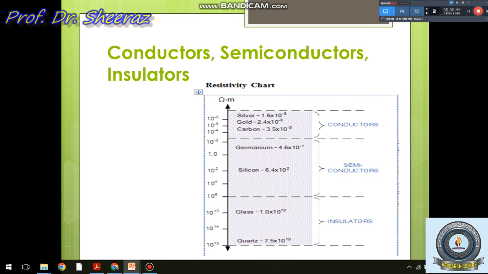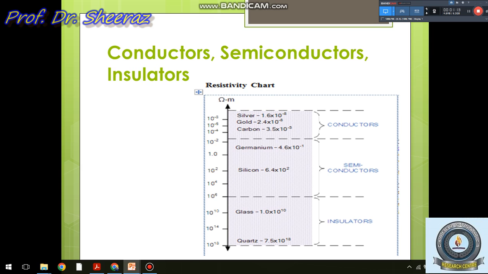So basically all the elements which we encounter today in the market are divided into three basic categories: conductors, semiconductors, and insulators. So the first thing is conductors. All those devices which have the capability to conduct electricity are known as conductors.